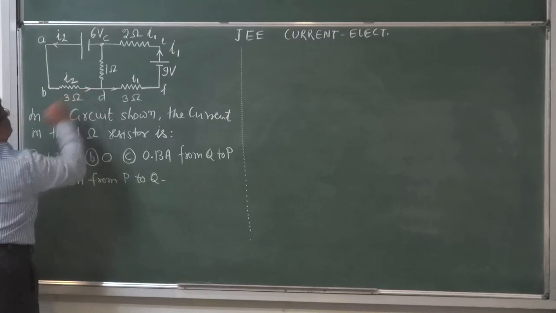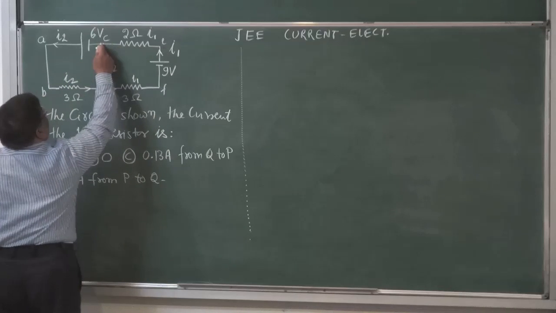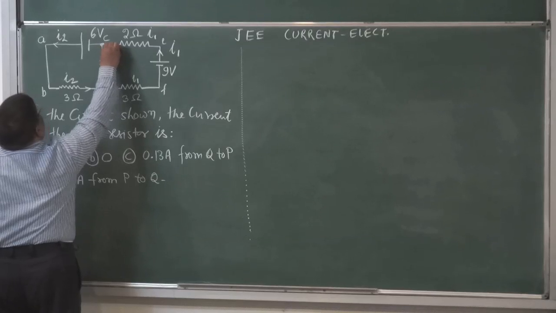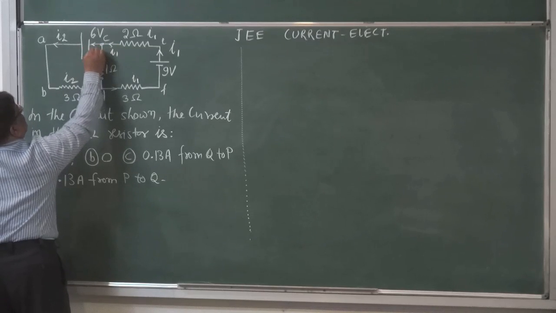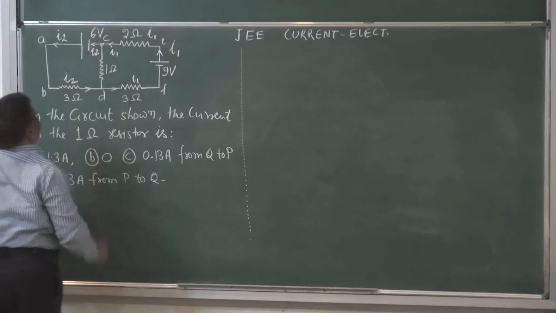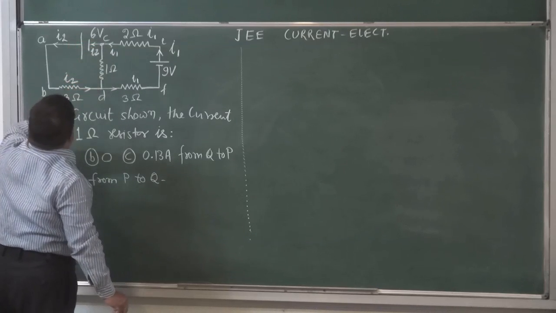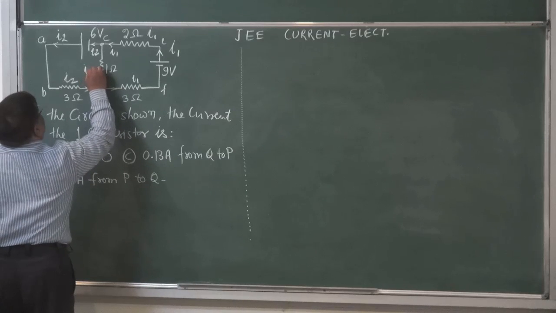Now we come here. This is I1 entering the junction, and this is I2 leaving the junction. So here the current, which I will take from C to D, will be I1 minus I2.